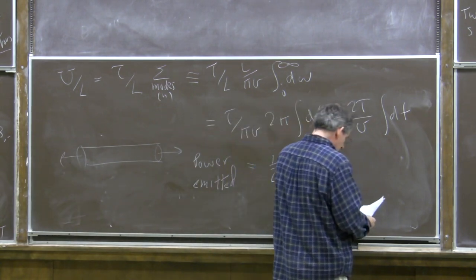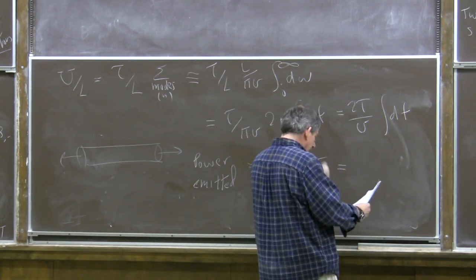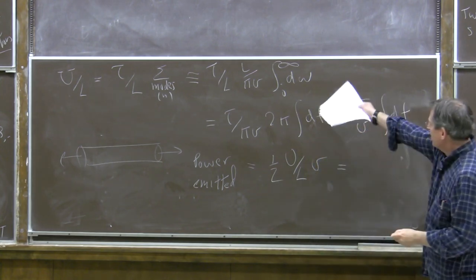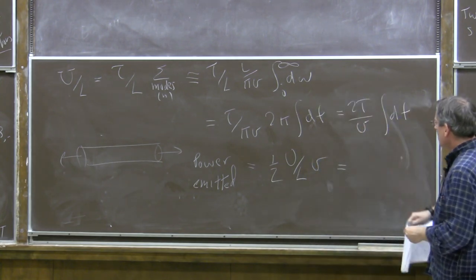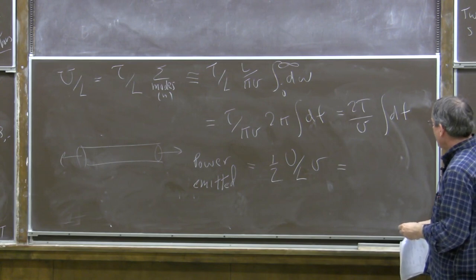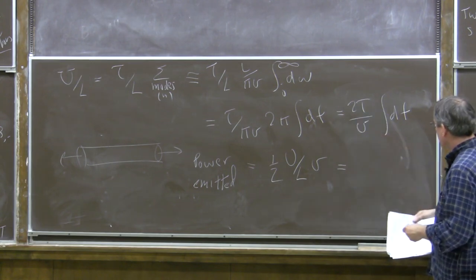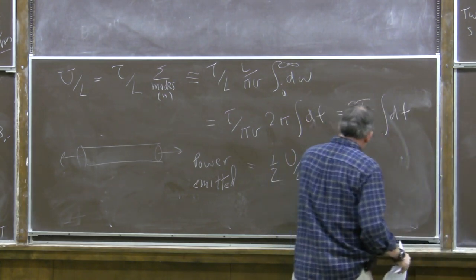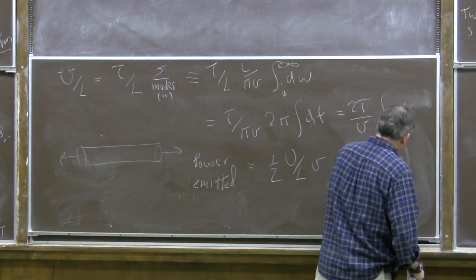So that means the power is just temperature. So here's our expression for U over L. And then the 1/2 gets rid of the 2. The v gets rid of the 1 over v. So it's just temperature times integral df.